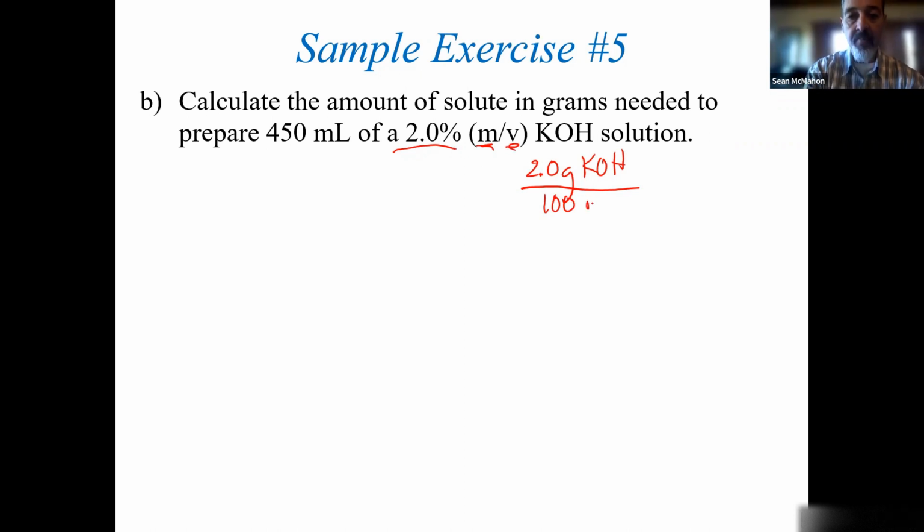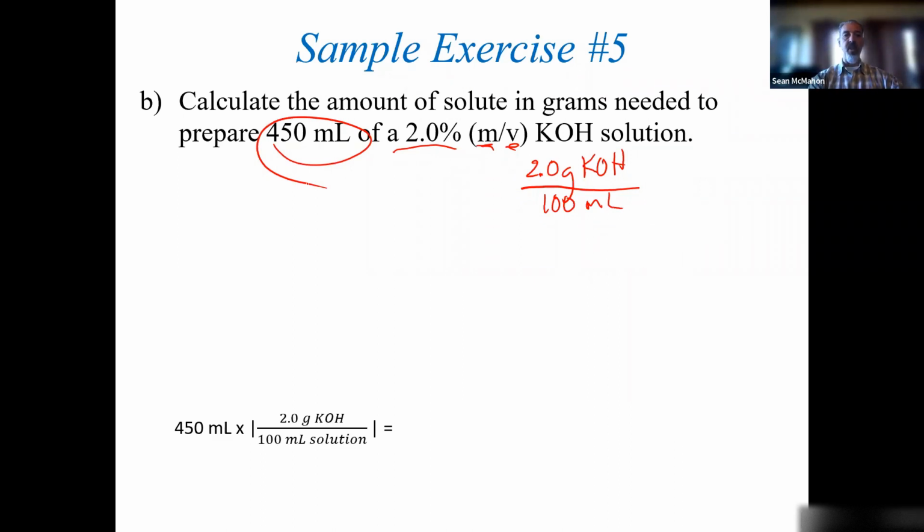V, volume, milliliters. So there's 2 grams of potassium hydroxide per 100 milliliters of solution. That's a conversion factor. How much solution do I want? 450 mL. So 450 mL, I put on the bottom 100 mL, the mL cancel, right? On top is the 2 grams potassium hydroxide. I need 9 grams of potassium hydroxide.